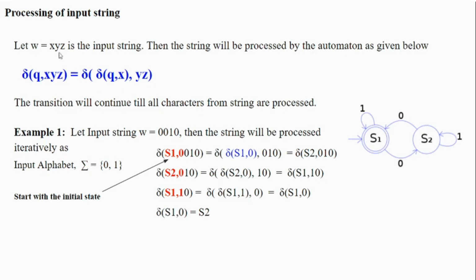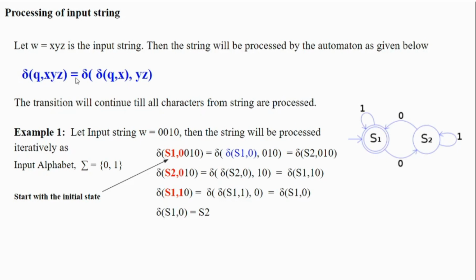So this is a generalized formula which will be used to describe how these strings will be processed. This is the transition function. This is the current state, which will be the initial state, and this is the input string.